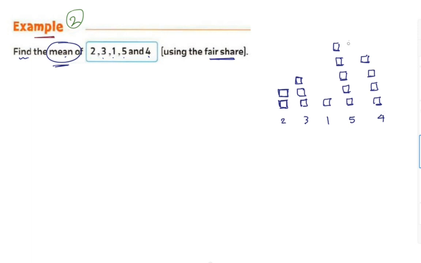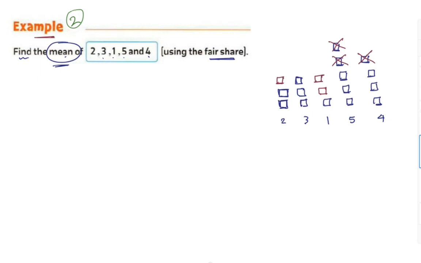Now, if I take this square from here and put it here, that's okay. After that, I have this square, I can move it here. After that, this square, I can move it and put it here.